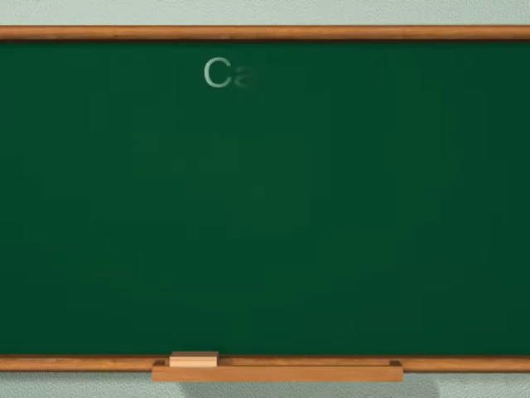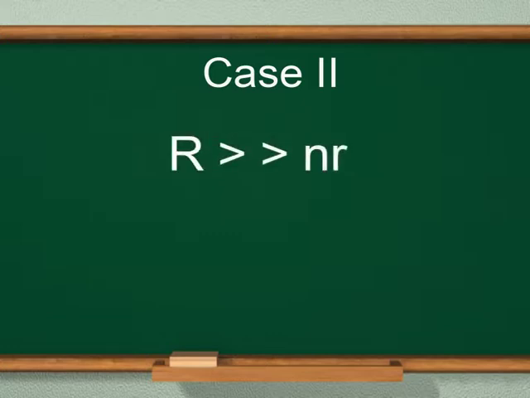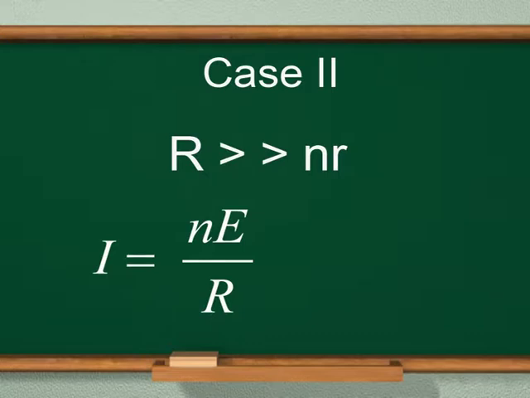Then, the second special case can be that the resistance of the external resistor in the circuit be very large as compared to nr. Then nr can be neglected as compared to R. So, I is equal to nE upon capital R. Thus, the current in the external resistor is n times the current due to a single cell.